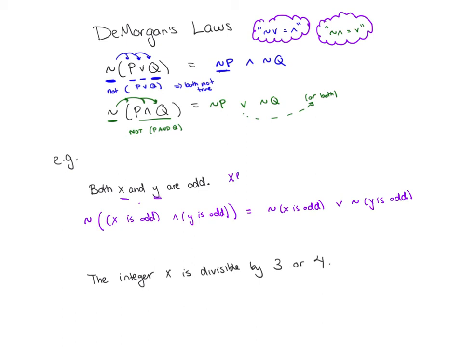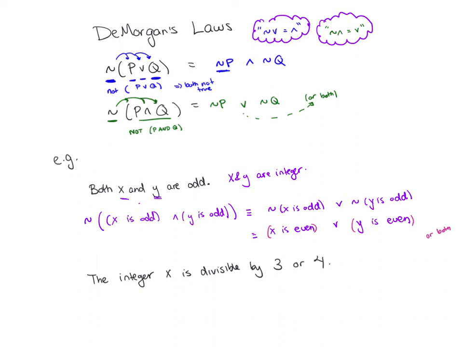Assuming x and y are integers, then if they're not odd, that means they're even. So I could say x is even. Let's use logical equivalence here. Or y is even. So if it's not the case that they're both odd, then one is even or the other is even, right? Or again, or both. But we have that implied or both.